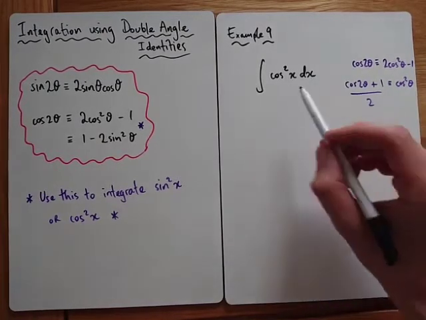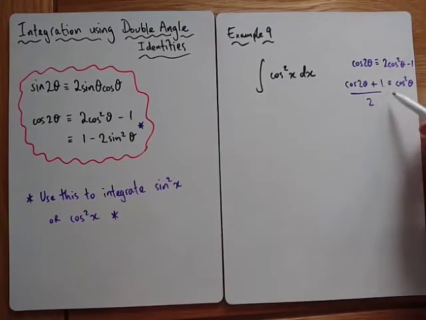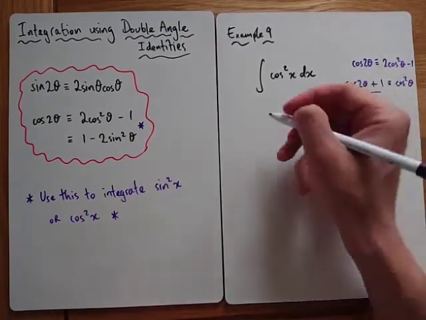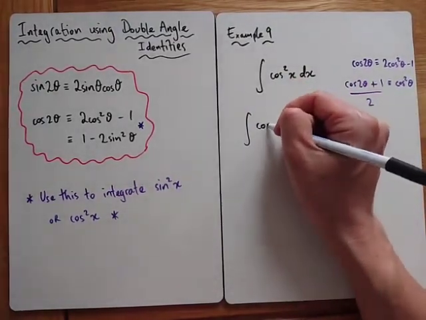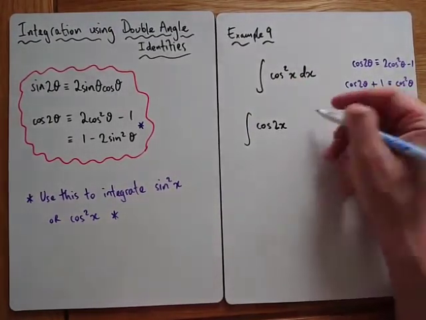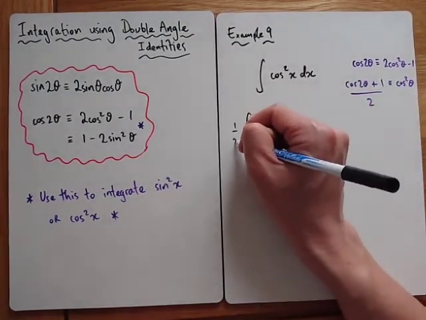So instead of integrating cos squared, which you can't integrate, you're going to integrate a double angle version instead. Instead of cos squared, we could write cos 2x plus 1, all divided by 2.